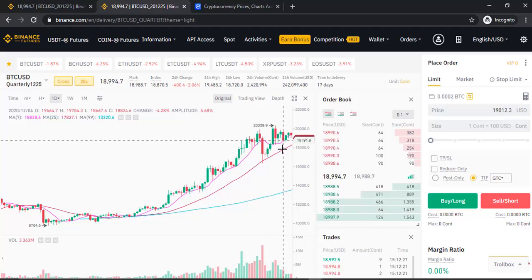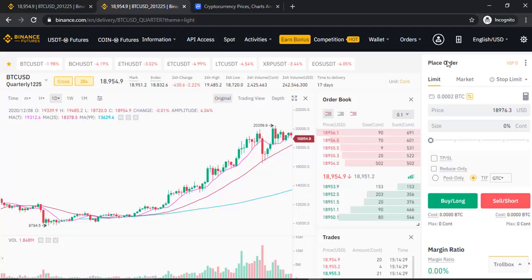So here we have the original chart, and the price currently is 18,994.7. These are the types of orders we have. Under place order, we have the types of orders, which are limit order, market order, and stop limit. The limit order allows you to place a buy to control the price you want to use instead of buying at the market price.